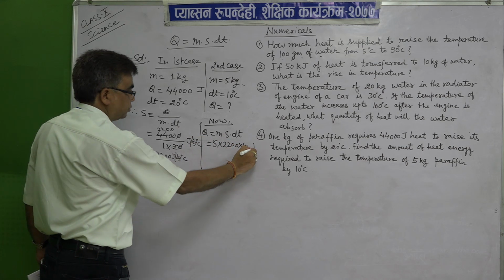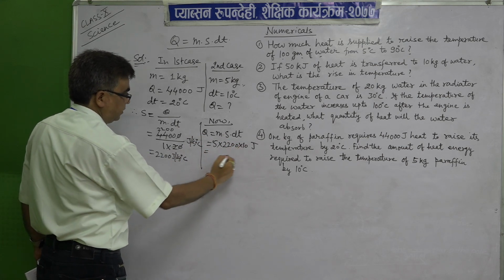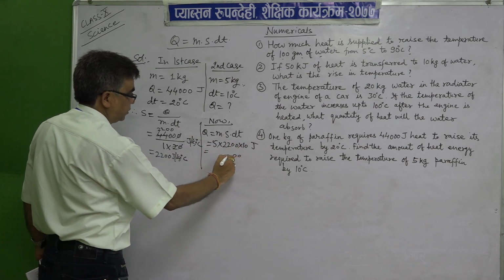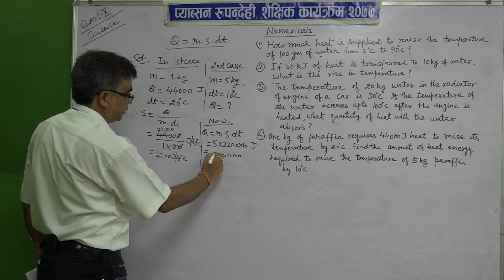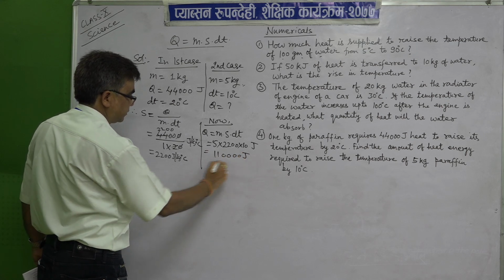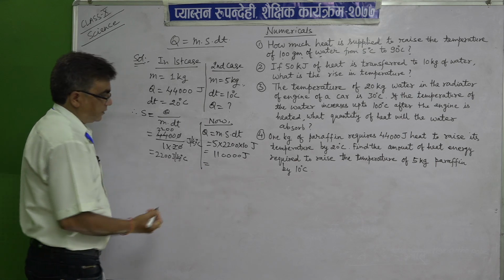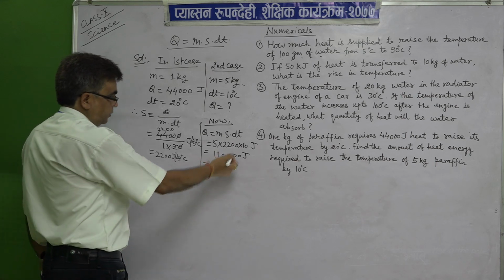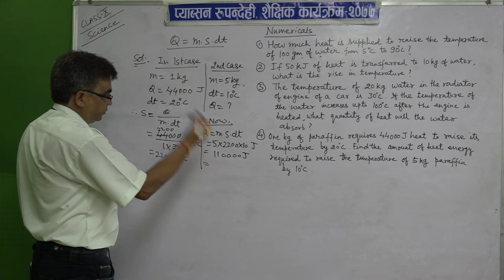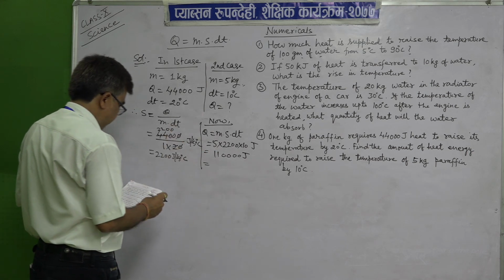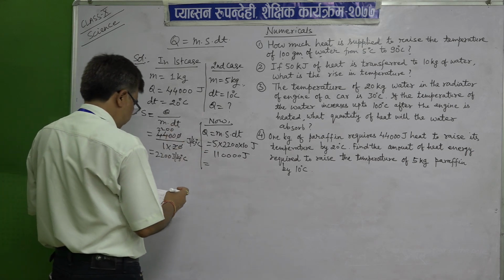Q, the SI unit is joules. So, it will be 110,000 joules, and you can write that as 11 into 10 to the power 4 or 1.1 into 10 to the power 5, same thing. Clear?